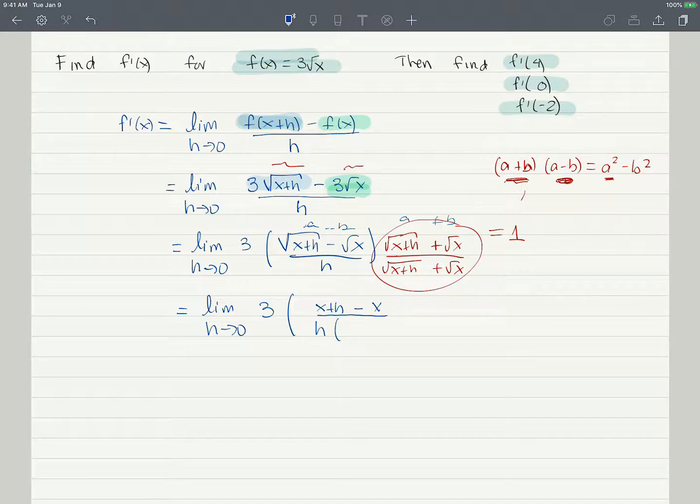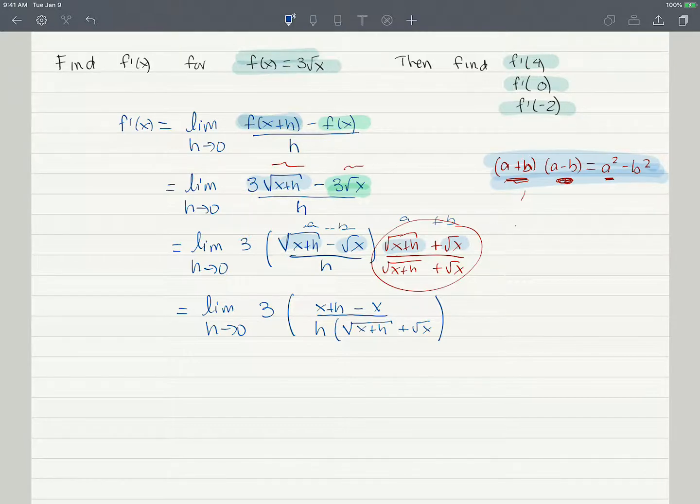I'm not even going to bother multiplying this, and you'll see why in a minute, but it looks like this, right? So the top, using this property of binomials, the difference of squares, this is my A and B. Here it's with a minus, here it's a plus, so it becomes A squared minus B squared.